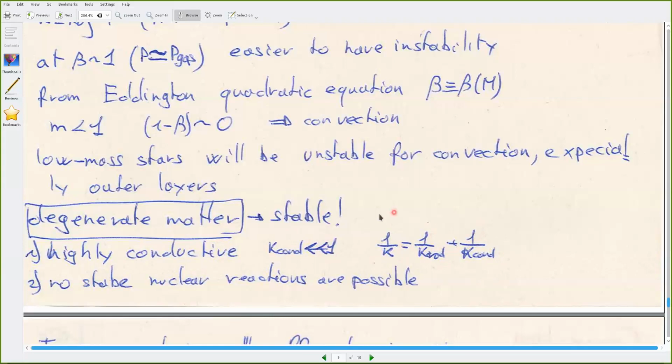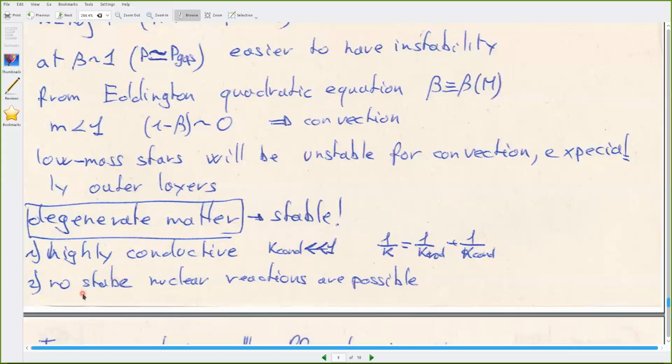So the conduction will manage essentially all the energy transfer, and the gradient will be relatively smoother.